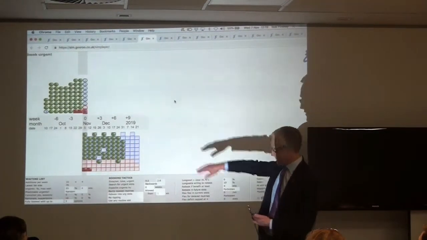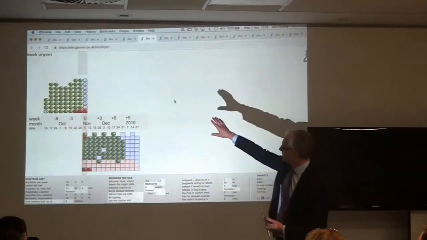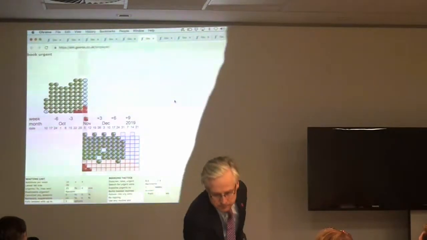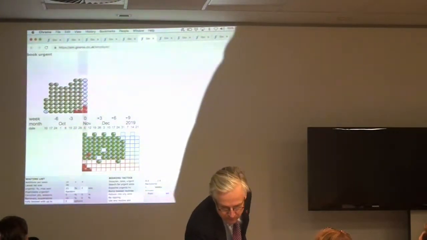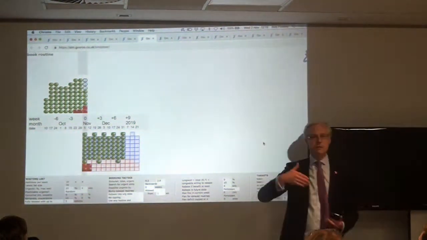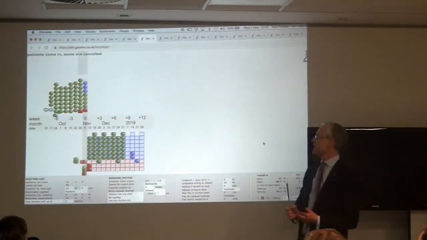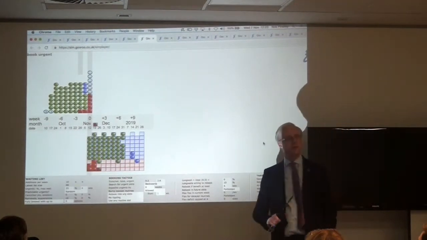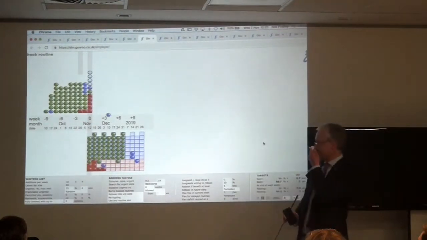We simply run the model on a, so this is the scenario that we were looking at a moment ago, and you correctly identified how if the waiting list grows, the waiting times will grow. I'd like to put a nuance on waiting list.